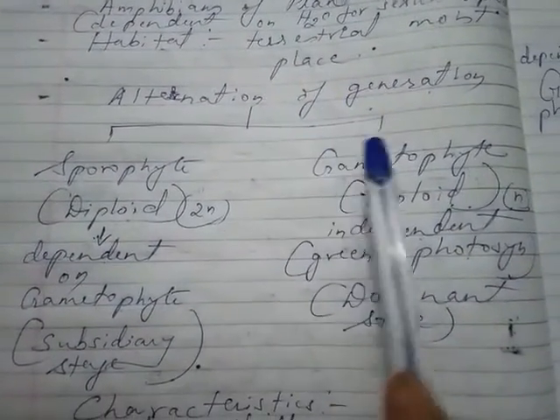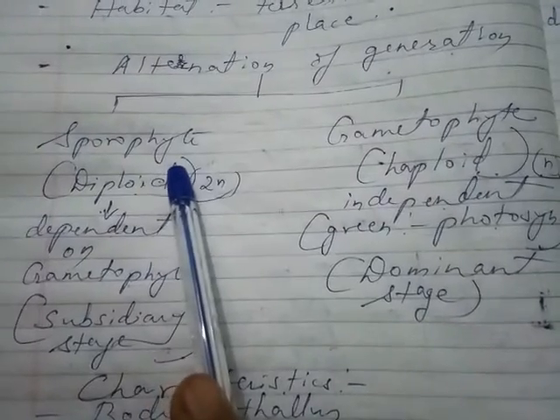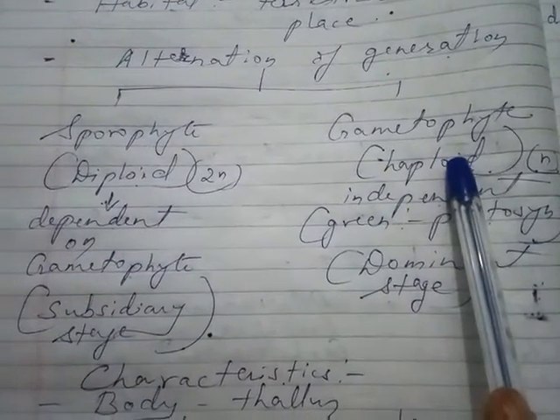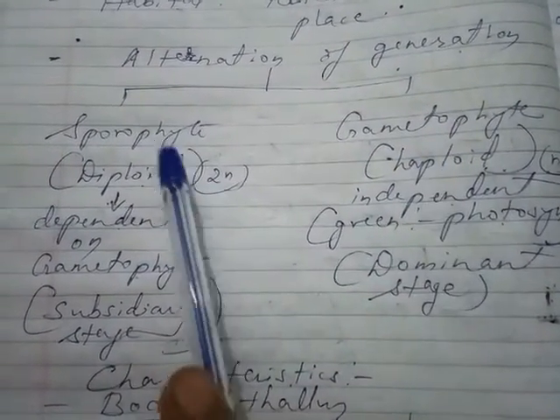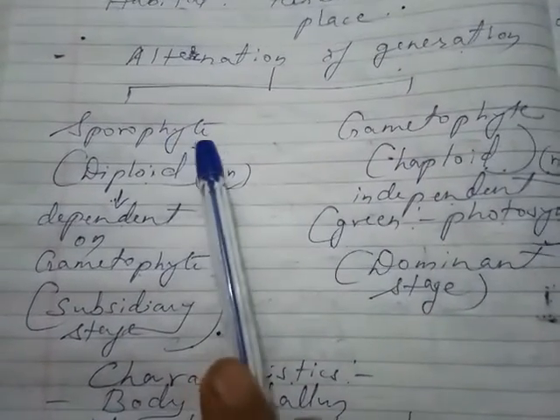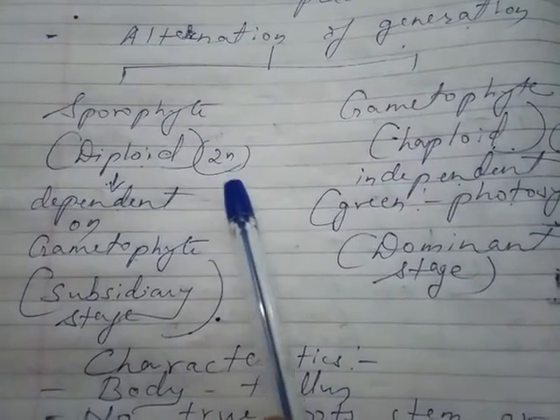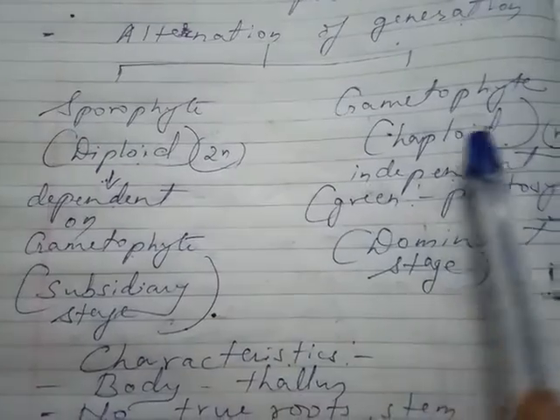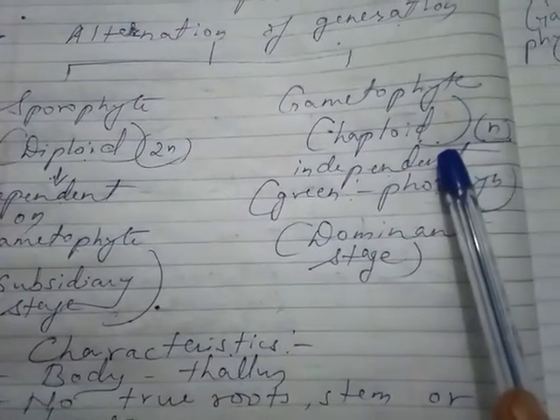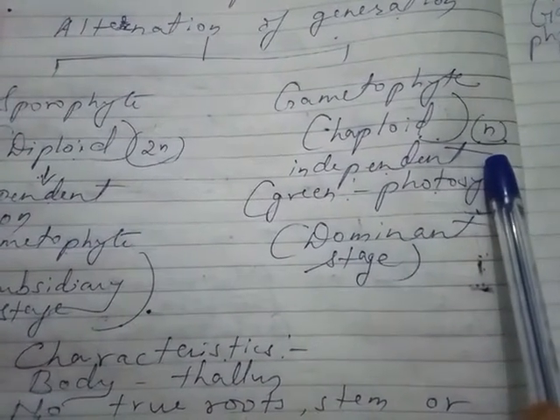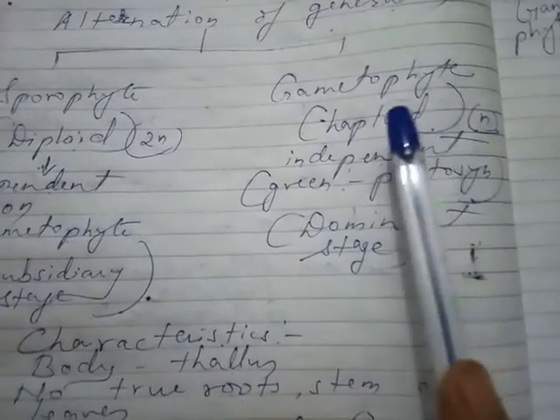That means they have two stages, the sporophytic stage and the gametophytic stage. These two stages alternate with one another. The sporophytic stage is diploid, that is, 2n number of chromosomes are present, and the gametophytic stage is haploid, that is, n number of chromosomes are present.